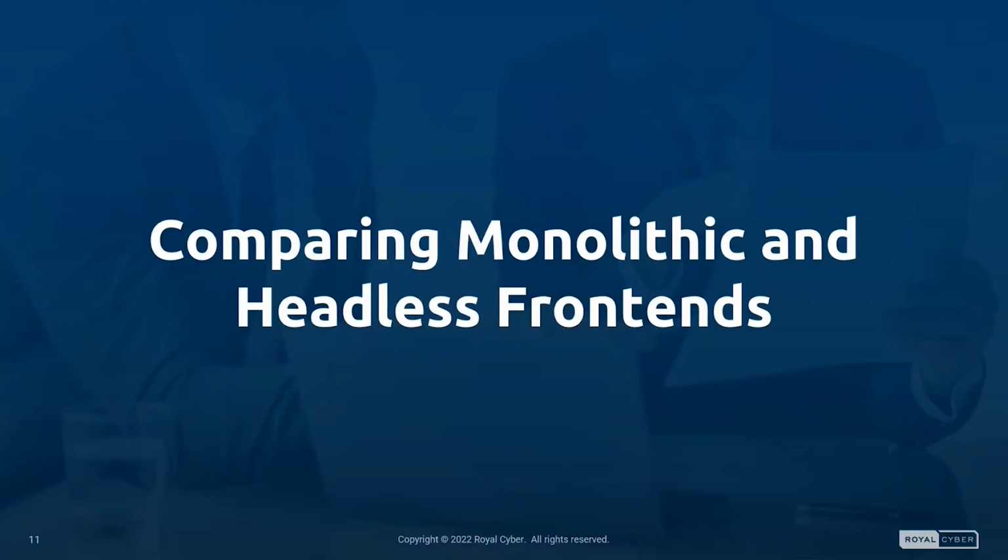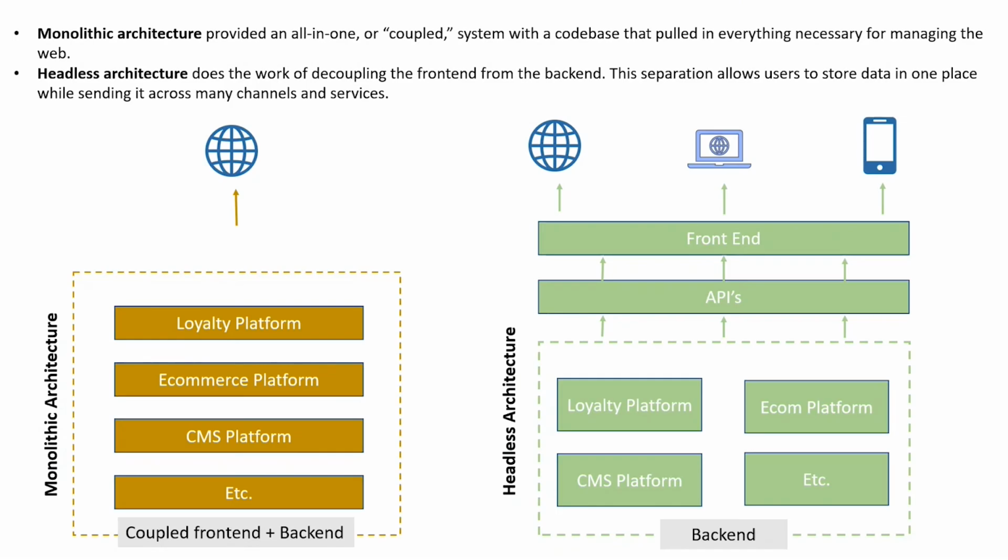Now let us look at the difference between a monolithic and a headless front end. Traditional monolithic platforms connect their front end and back end. If you see the diagrams in this PPT, the left side is a monolithic architecture, represented with the yellow color, and the other one is a headless architecture, represented with the green color.